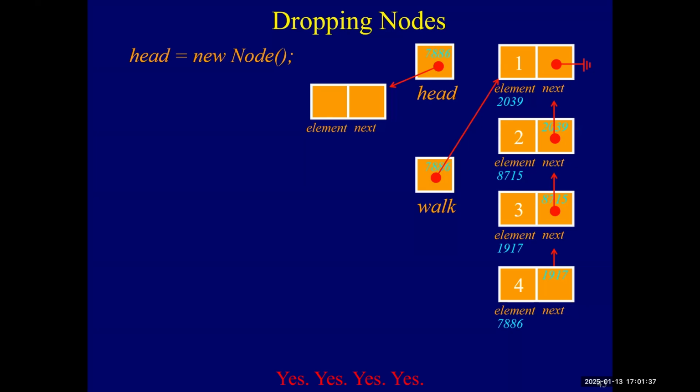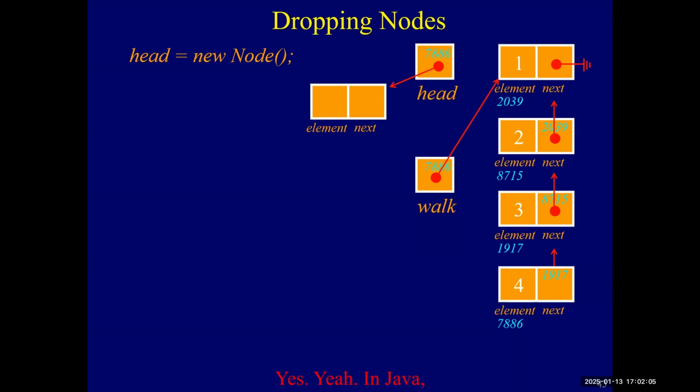So in a strongly typed language like Java, even though head is really an integer, Java knows that it's of type pointer to node. If you tried to point somebody else at it, it would yell at you.